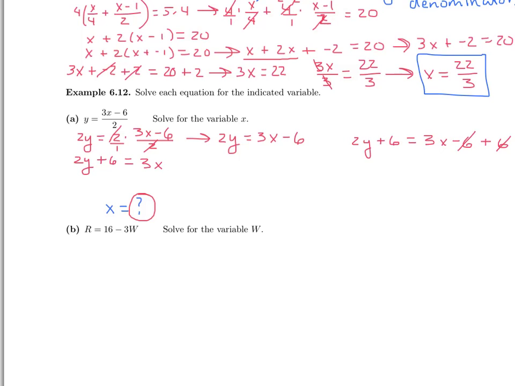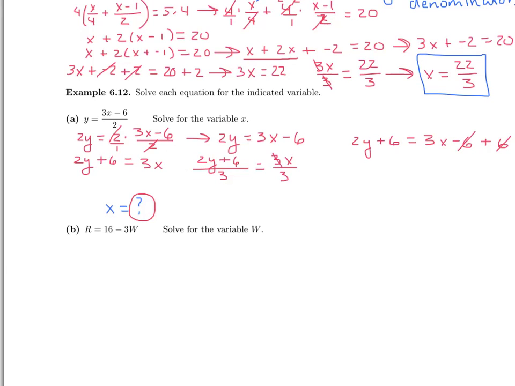We're almost there. Again, our goal is to have x all by itself on one side. Currently, x is multiplied by 3. We can undo this multiplication by 3 by dividing both sides by 3. So I'll take 2y plus 6 and divide the whole thing by 3, and I'll take the 3x and divide that by 3.